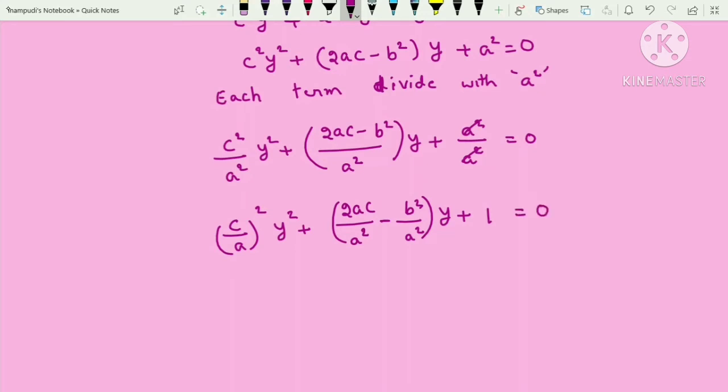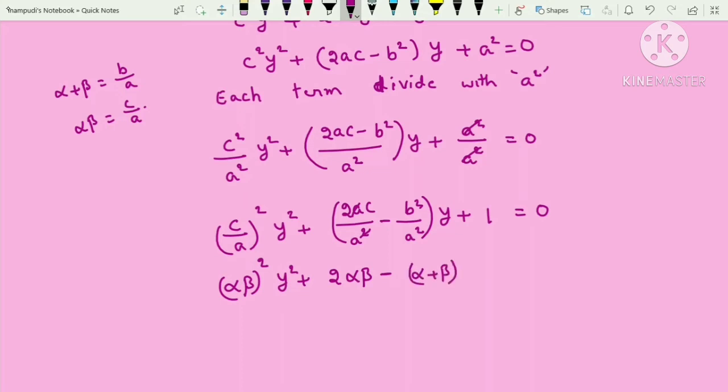Here a and a cancel. We know that alpha + beta = −b/a and alpha beta = c/a. So c/a can be written as alpha beta, so (alpha beta)² y² plus 2 into c/a can be written as alpha beta, minus b/a whole squared means (alpha + beta)², into y + 1 = 0.